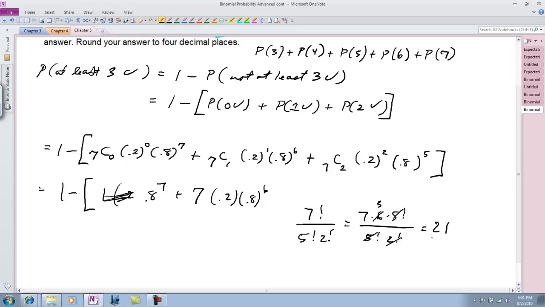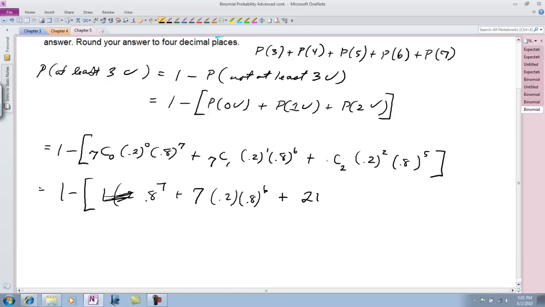You could also do that with Pascal's triangle, if you have it there. But that's up to you. I showed that on the last video, but then I went over in time, so I'm not going to do it. 21 is 7 choose 2, and then you have 0.2 to the 2nd and 0.8 to the 5th.